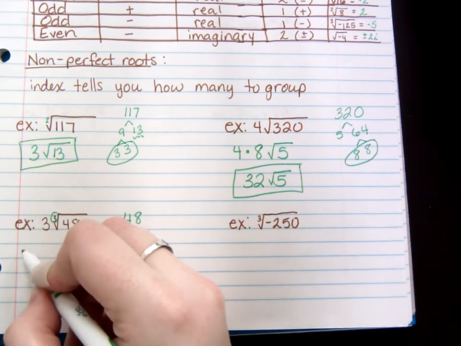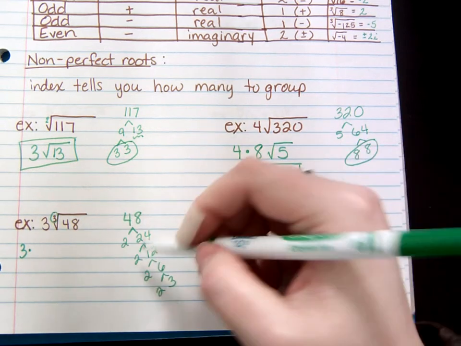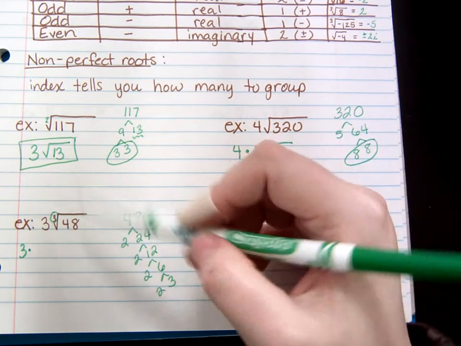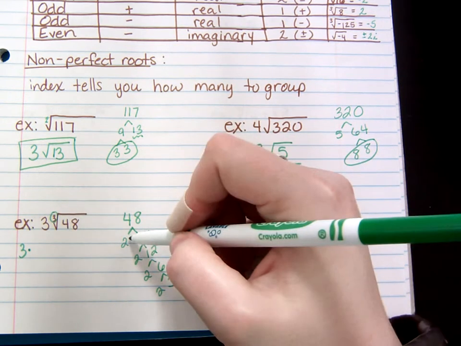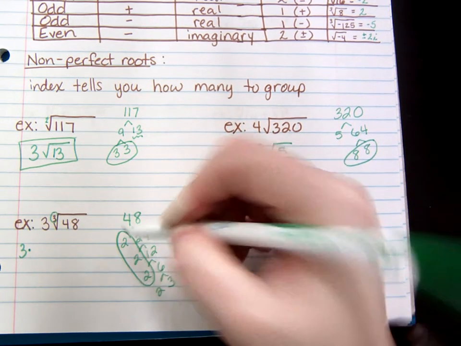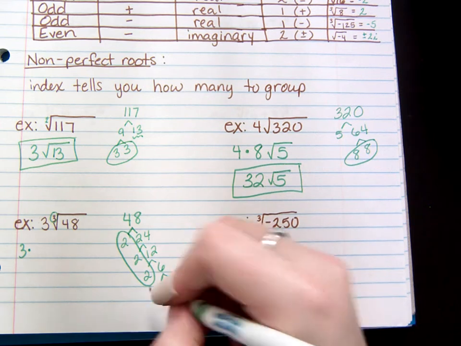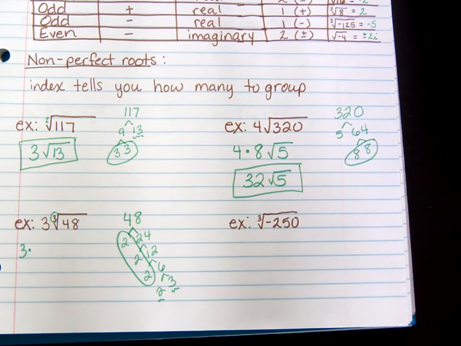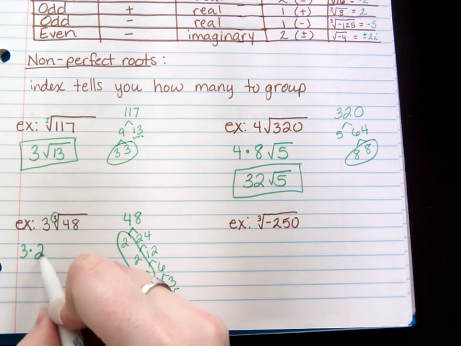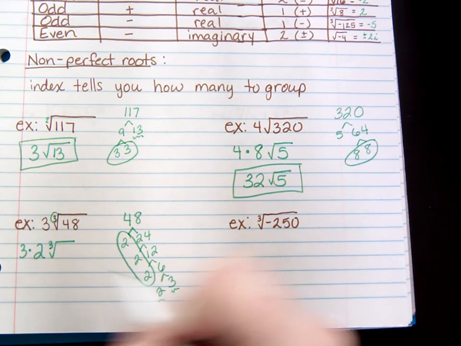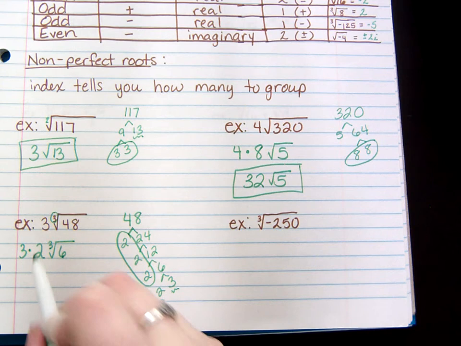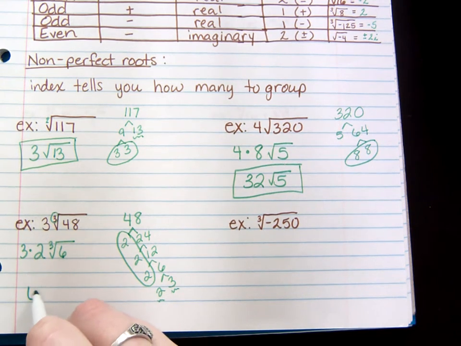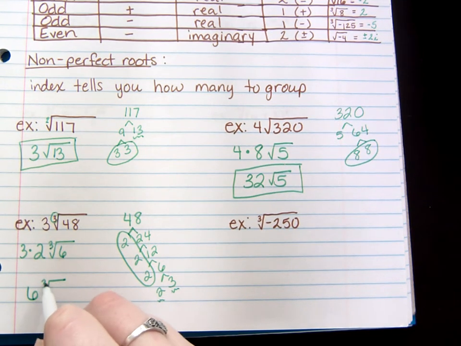So this 3 I'm going to pull down, and when I go to form my groups to take out a coefficient, I need 3 in my group, which I have there. There's a 2 and a 3 left over. So I'm going to pull this 2 out, and my leftovers, 2 times 3, which is 6, stay under the radical. Therefore, my final answer would be 6 cube root of 6.